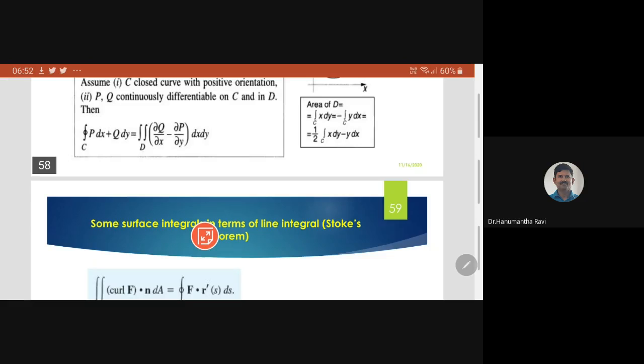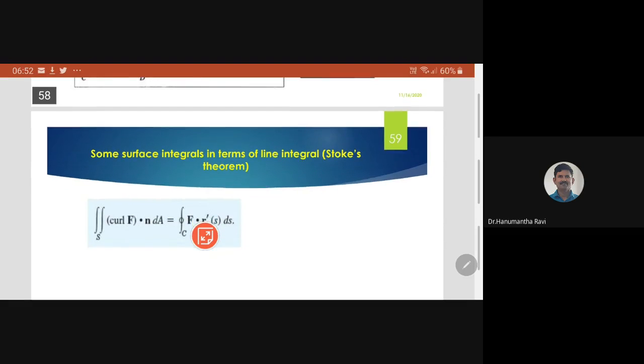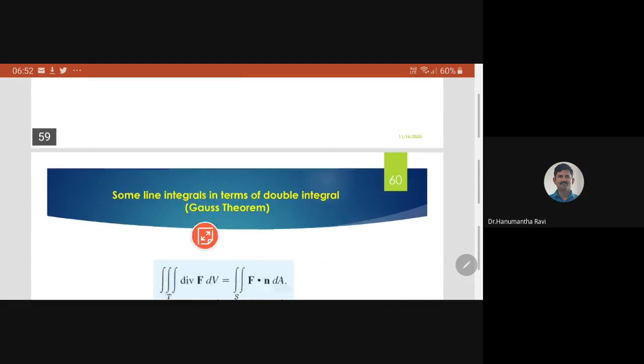Then we can think about surface integrals, and a surface integral can be expressed in terms of a line integral. That is what Stokes theorem says.